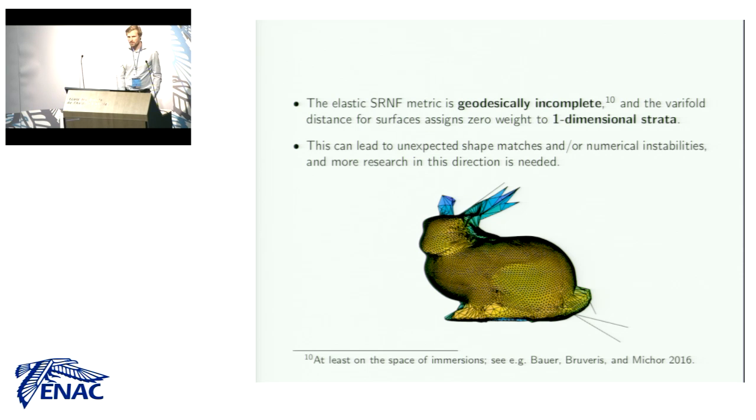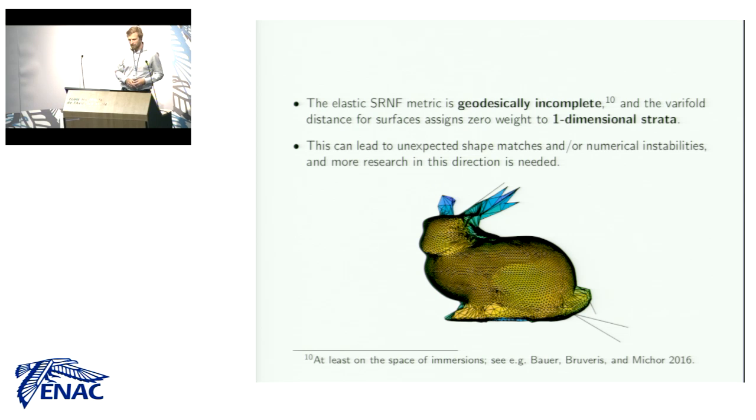Another limitation is that both the varifold metric and the Sobolev-1 metric are weak metrics, in the sense that the Sobolev order is rather low and the varifold distance also regards only directions of the surface but no higher order properties, like curvature, for example. As a result, this algorithm does have some numerical instabilities, and I just want to be honest with you, this is what can happen if you choose your parameters maybe not in an optimal way.